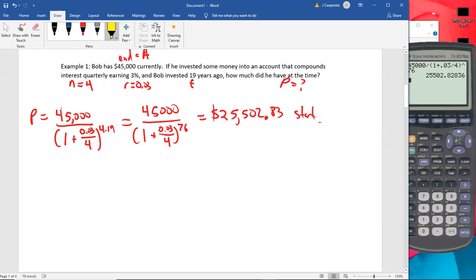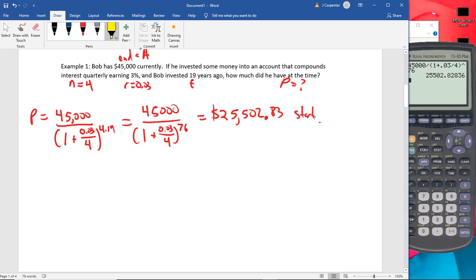What I'm saying is, with this measly 3% over 20 years, it's not like we started with $100. If we had started with $100, that interest rate would have needed to be probably like 15 or 20%, or the time would have needed to be like 50, 60, 70 years to see that explosion of money. This seems nominal. It might seem like a little more than you might expect, but it is correct.